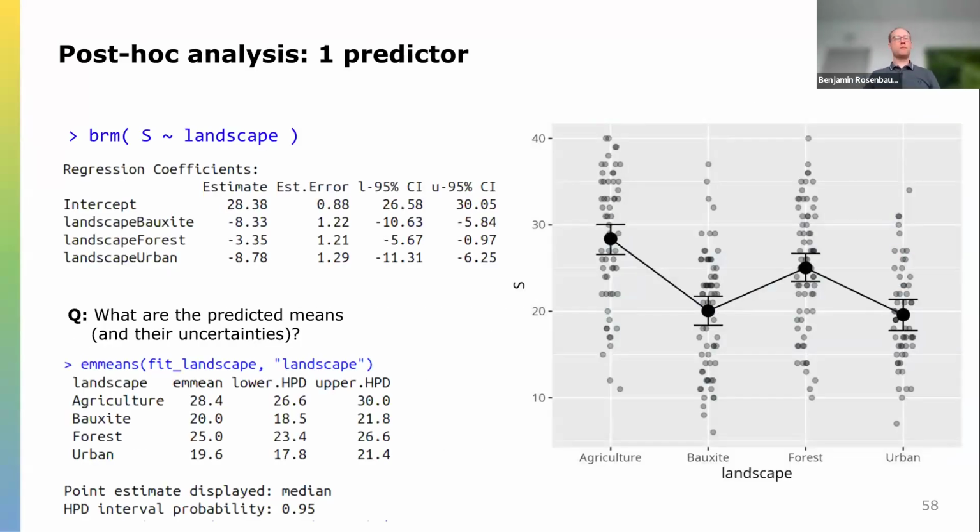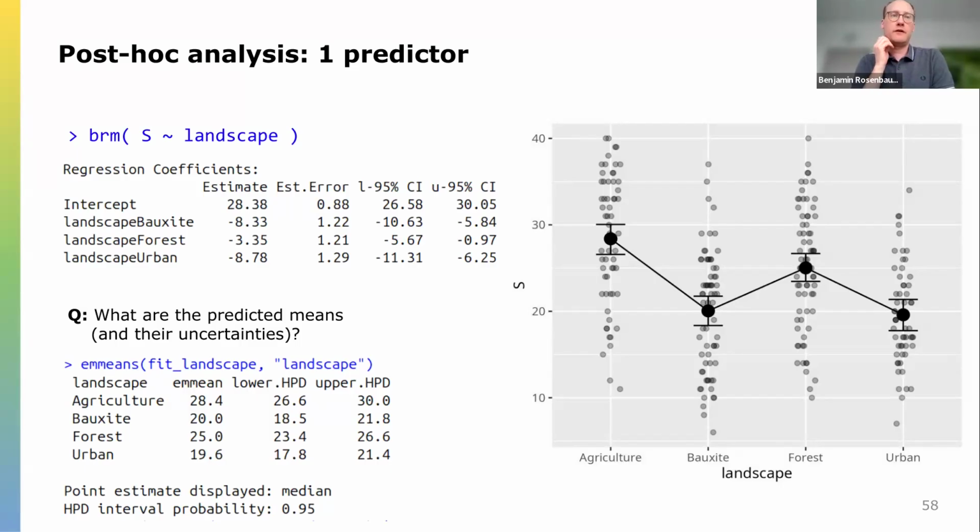Okay, we are going back to the more simple model with just one predictor: species richness depending on landscape. If I just fit the model, I just have this dummy coded output. And the first question would be, what are the actual group level means?